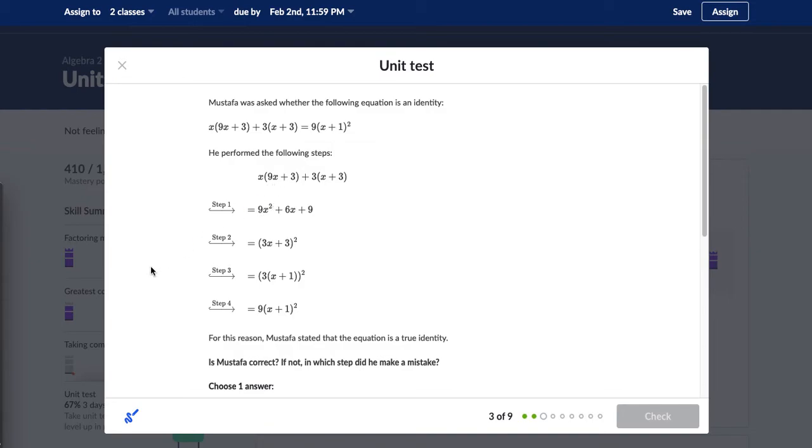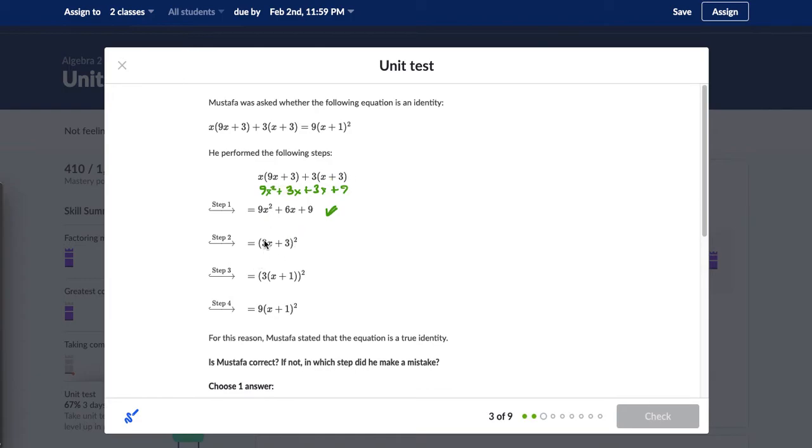So 9x squared, and then multiplying in x times 3, that's 3x. I'm just going to put that 3x there as a placeholder for now. And then you've got a plus 3x. So this is 9x squared plus 3x, and then he's distributing this in as 3 times 3 is 9, so plus 9. So this is indeed identical to the first line.